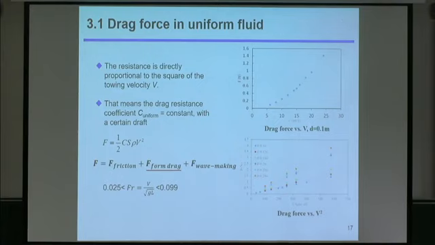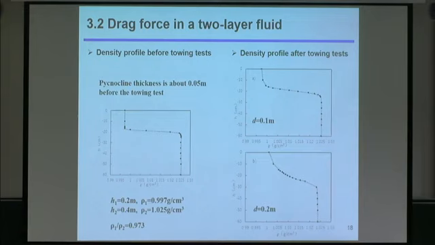They tend to zero, and only this part is the dominant part. And this part is proportional to the square of the speed v. So the total force has these trends. Okay, this is drag force in the uniform fluid. Next one is drag force in the two-layer fluid.